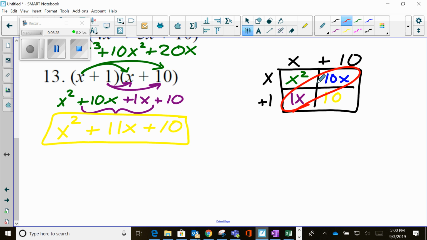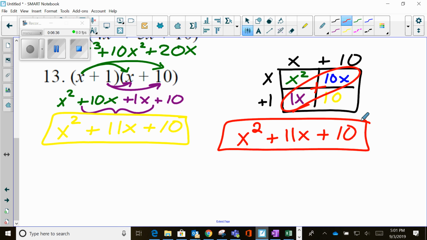So I'm going to add my like terms that are diagonal, and I get x squared plus 11x plus 10, which is the same solution that I did when using just the distributive property. So when multiplying polynomials, you are using the distributive property. You can either write it out using arrows and distributive property, or you can use the box method.